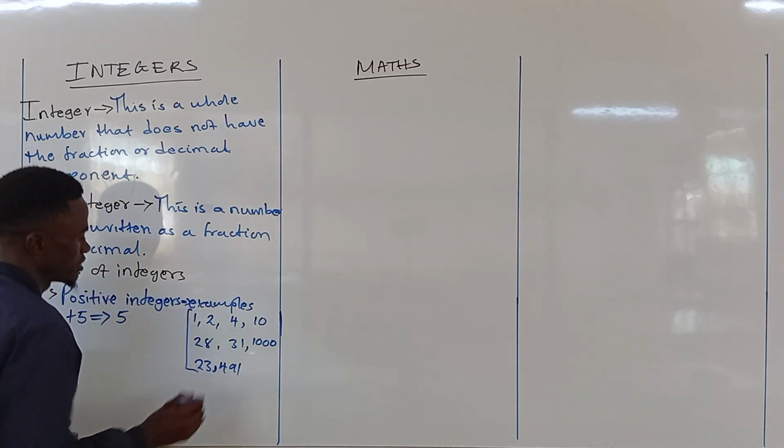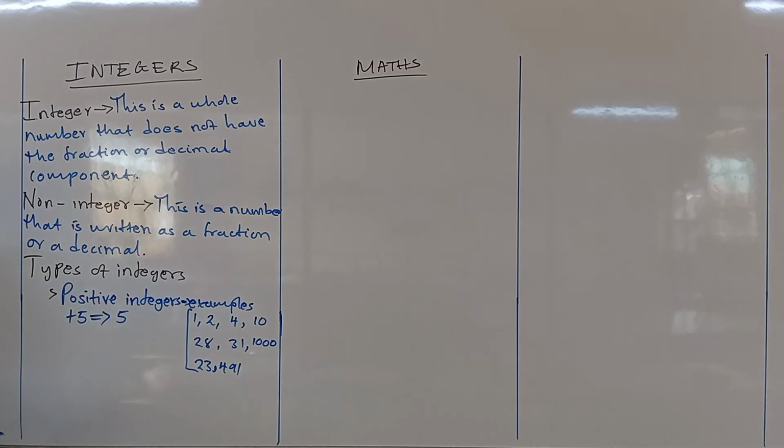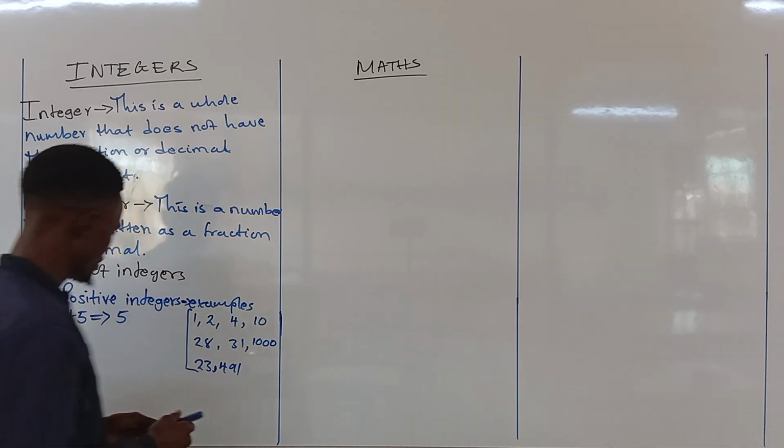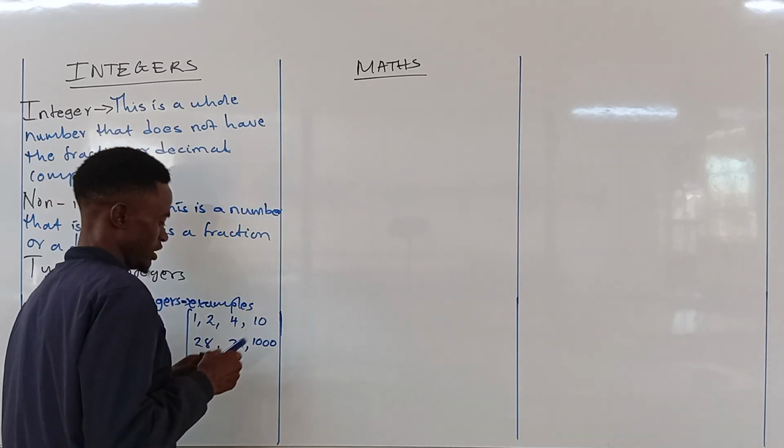So all of these are our positive integers. And simply it means that a positive integer does not have a negative sign or a minus sign before it.